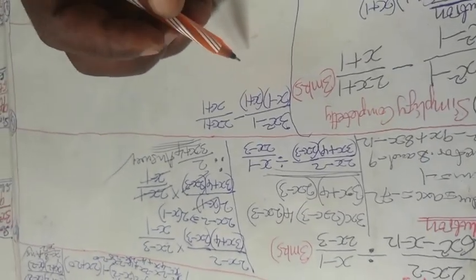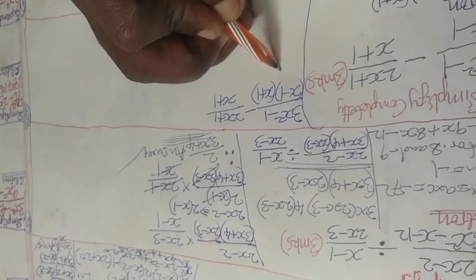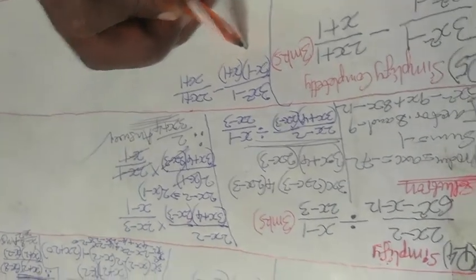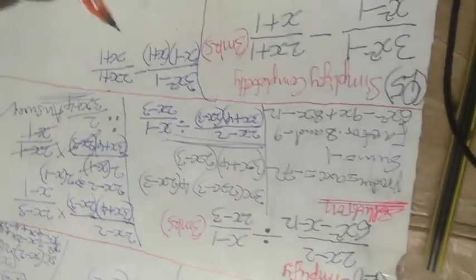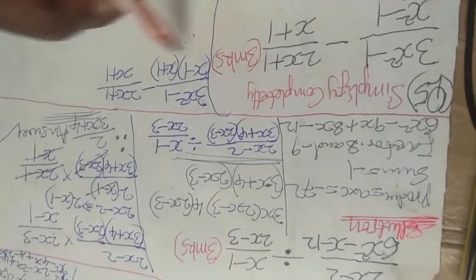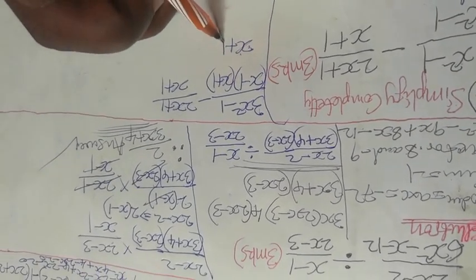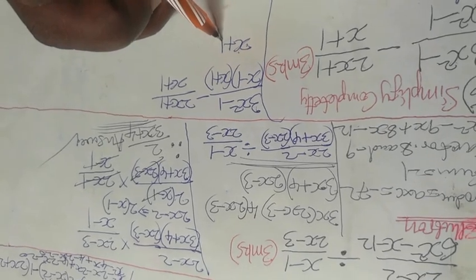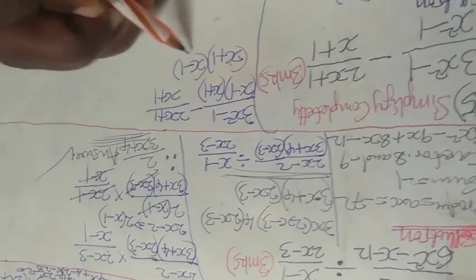I have already shown you how to find the LCM in question number 3. The LCM for this part of the question is x plus 1 into brackets x minus 1.